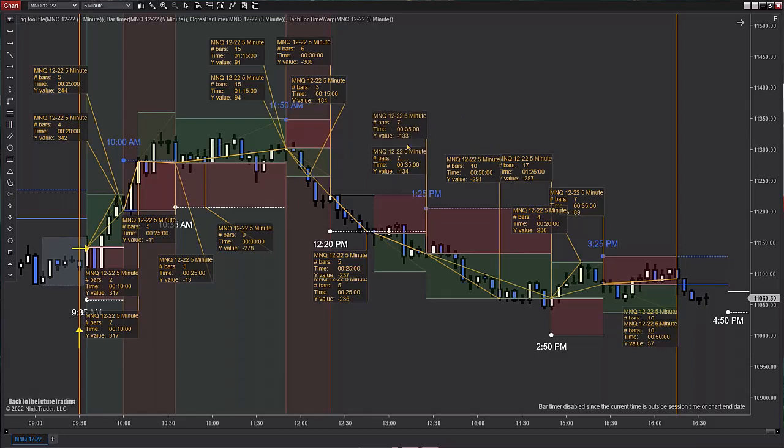Let's think about it. Let's say this was 100 ticks here. 100 ticks with 2 micros entered total is only $100, 50 cents per tick. If you can't risk $100 per trade, then I don't think you should be trading.